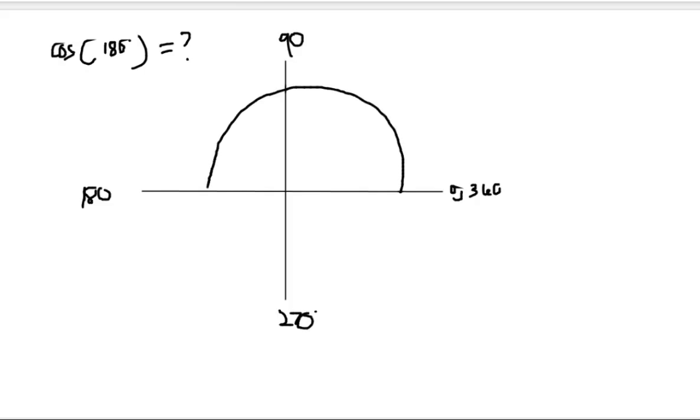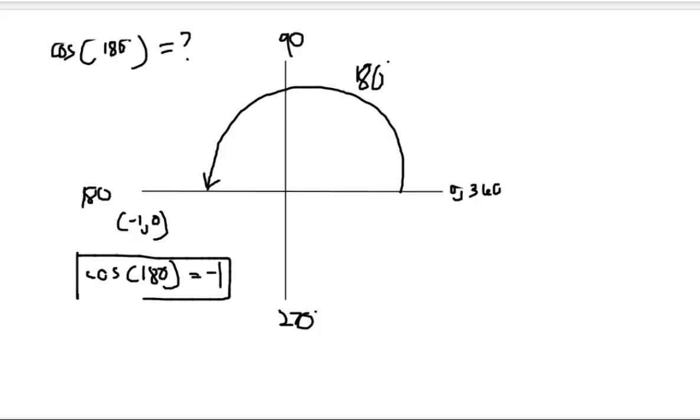And then, ang 180 is just clearly here. This is 180 degrees, right? And so 180 degrees, we all know that it's negative 1, 0, because x, y, right? Papunta siya sa negative x direction. That's why cosine there is negative 1.